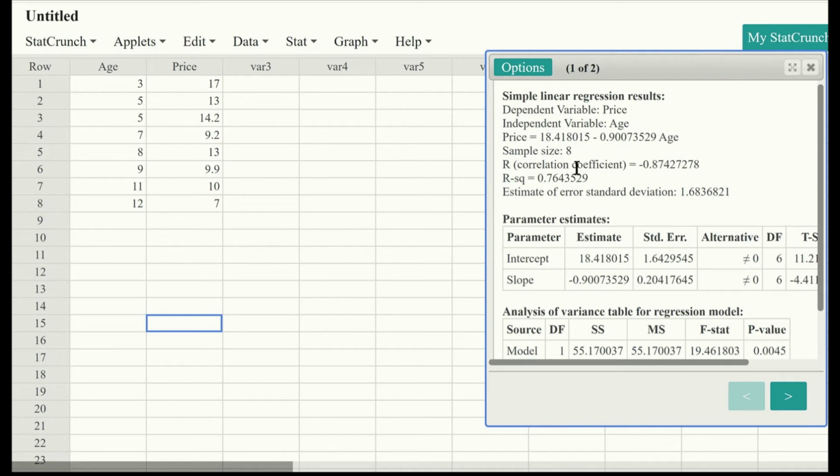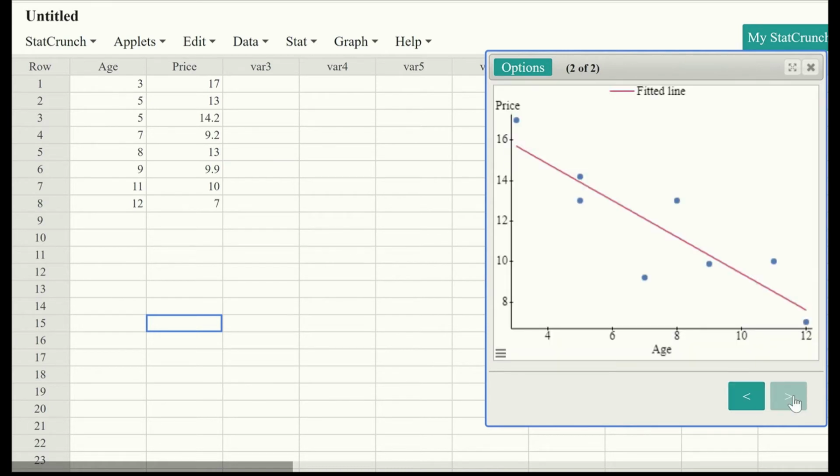We also found the correlation coefficient. And we always get this nice graph too if we ask it to do the graph for us. So here's the linear regression line we've been looking at, the one with the equation y equals negative 0.9x plus 18.42, right?